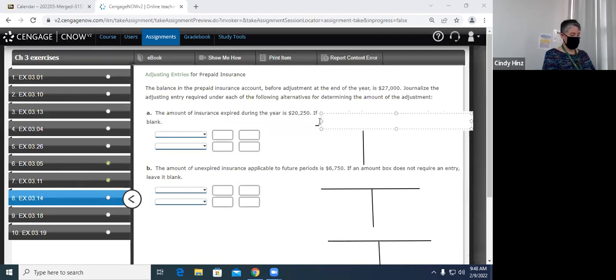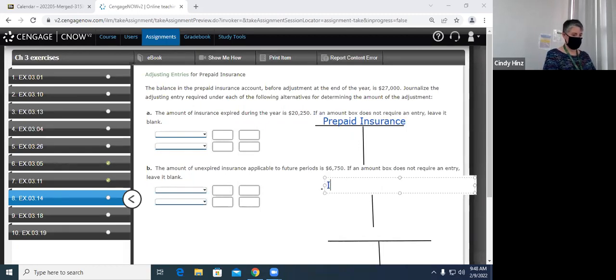So again, I want to remind you of how this would work. I'm going to start at one step before what's given in the exercise. Remember, we talked last class that these adjusting entries happen with pairs of accounts that clearly have some relationship to each other.